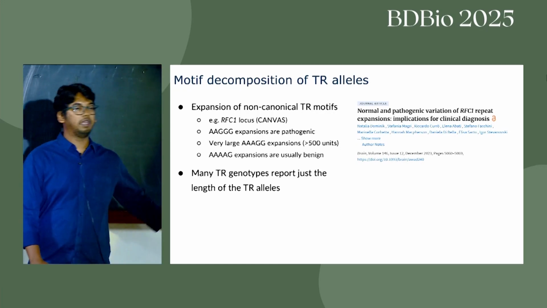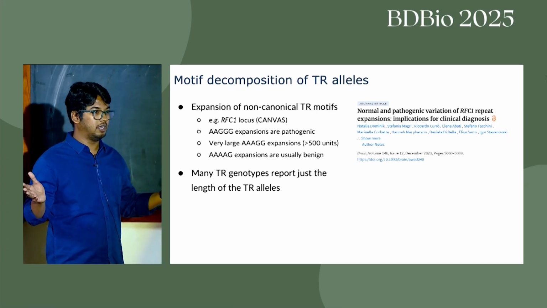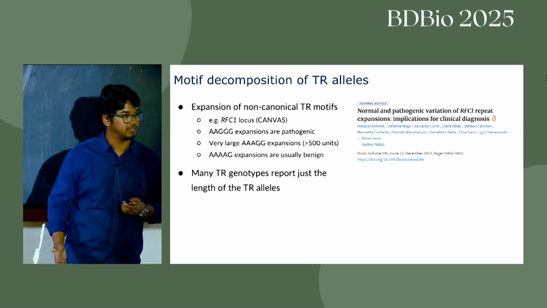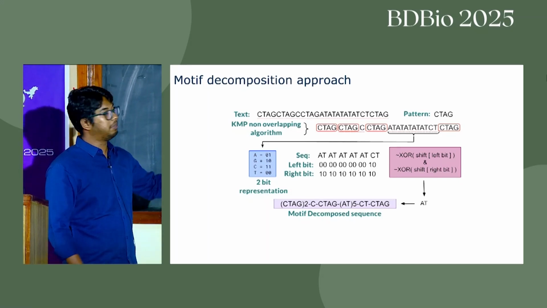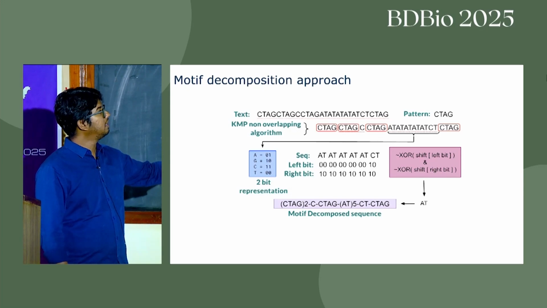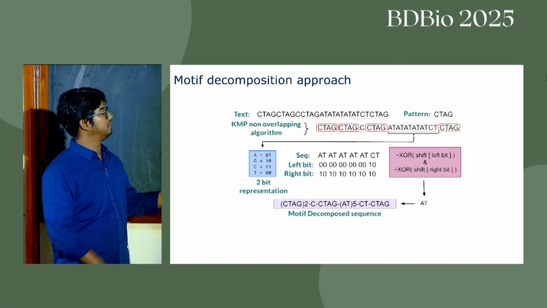So what happens is many tandem repeat genotypers just report the length of the locus. That will not allow you to do this kind of analysis. So what we have done is essentially, because we already report the allele sequence, we also optionally do this motif decomposition, which is essentially a motif-level representation of this sequence.